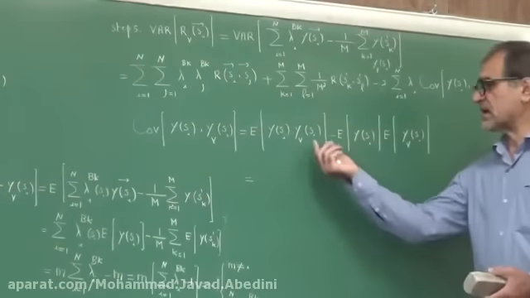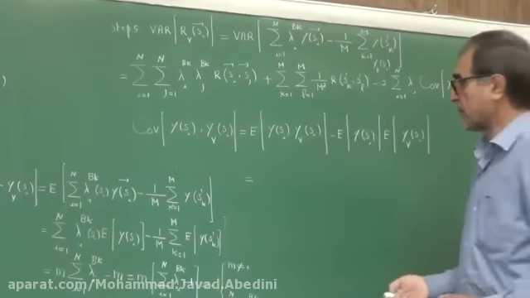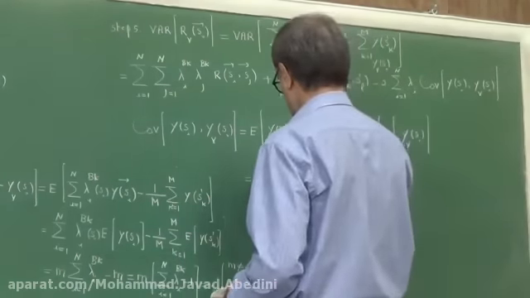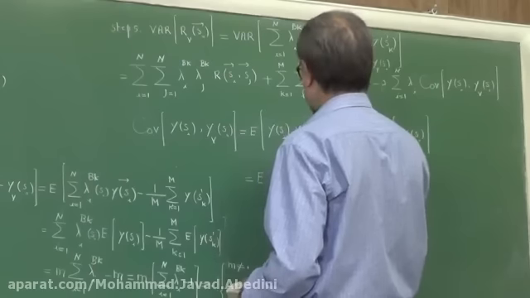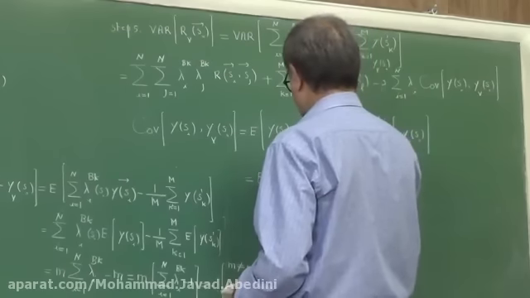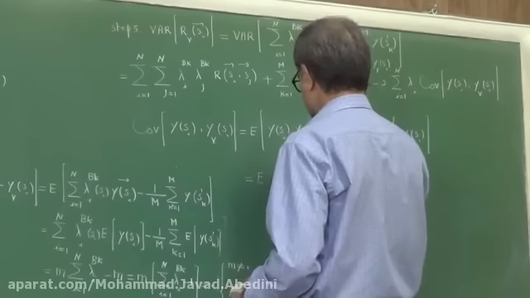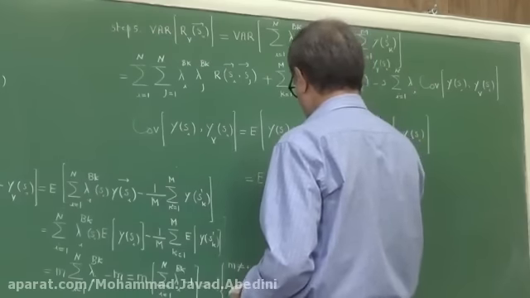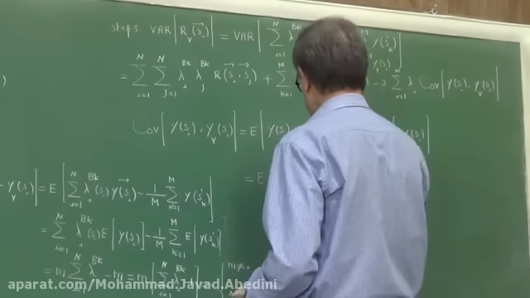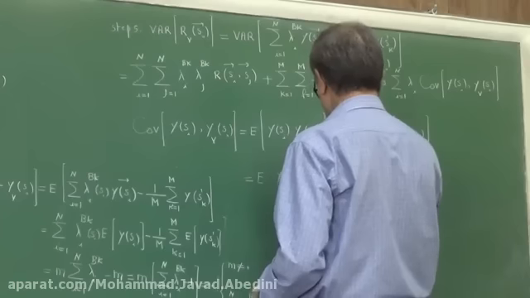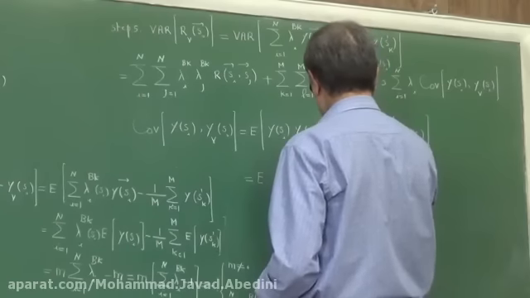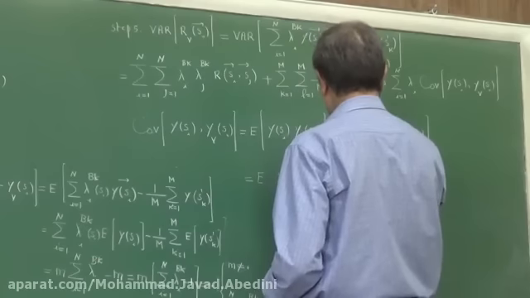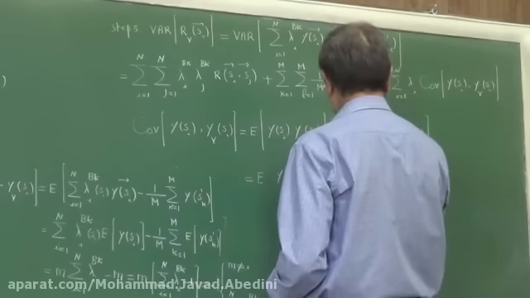Now, we could replace this with this part here. Let me see if I have to change this to another notation. Y at Si times 1 over m summation k from 1 to m y at s prime of k.